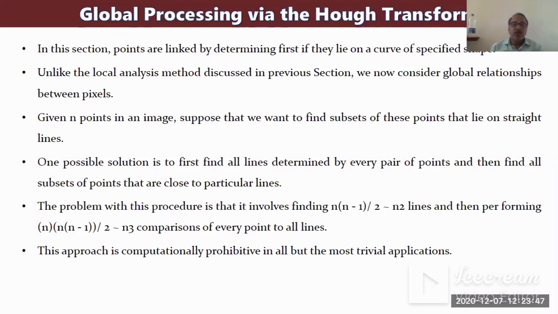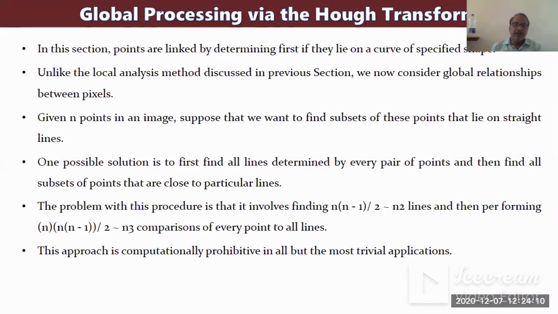So unlike the local analysis method discussed in the previous section, we now consider the global relationship between the pixels. आता मागच्या ह्याच्यात आपण काय केले लोकल रिलेशनशिप म्हणजे स्ट्रेंथनिंग आणि अँगल हे दोन कन्सिडर केले आणि according to that we can merge the pixels, we can join the pixels. But in this technique we use another technique.